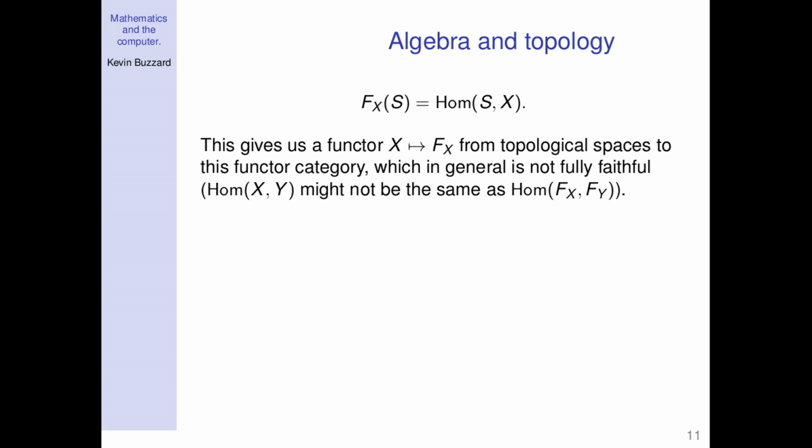And you can see that we must have lost some kind of information because, for example, this functor isn't fully faithful in general. You could imagine there might be two topological spaces, X and Y, that were not isomorphic, but the corresponding functors might be isomorphic because the spaces are so wild.